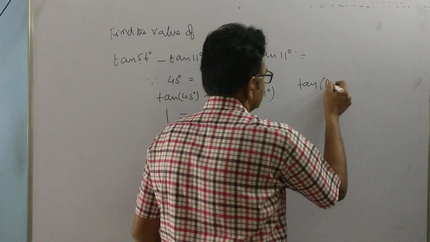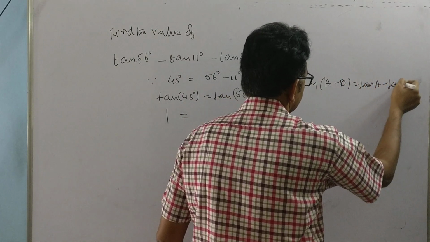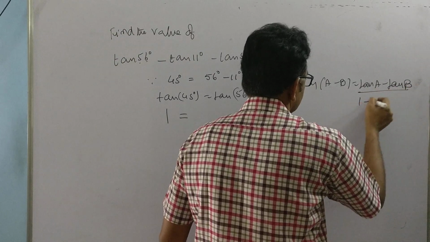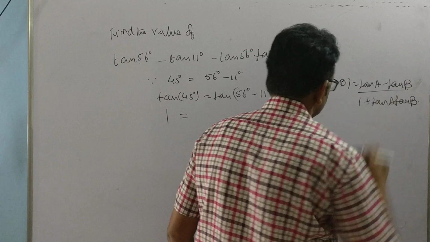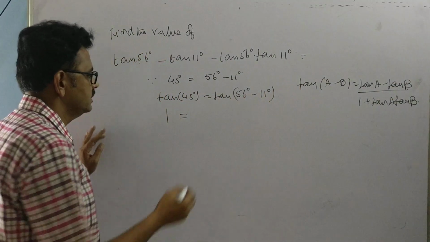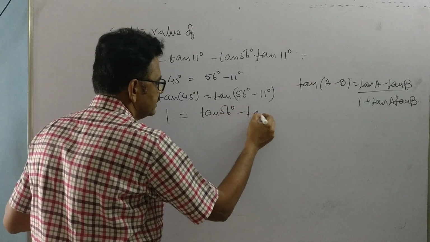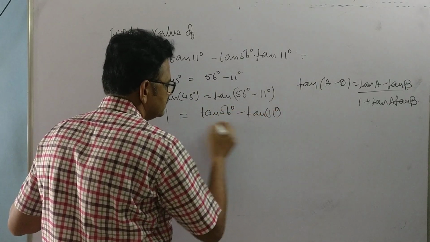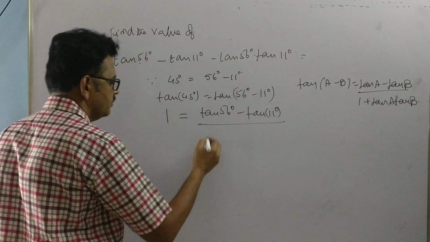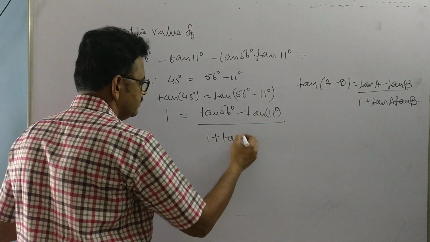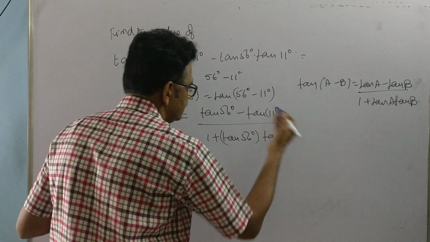Tan of A minus B is equal to tan A minus tan B by 1 plus tan A into tan B formula. Now this is tan 56 degrees minus tan 11 degrees by 1 plus tan 56 degrees into tan 11 degrees.